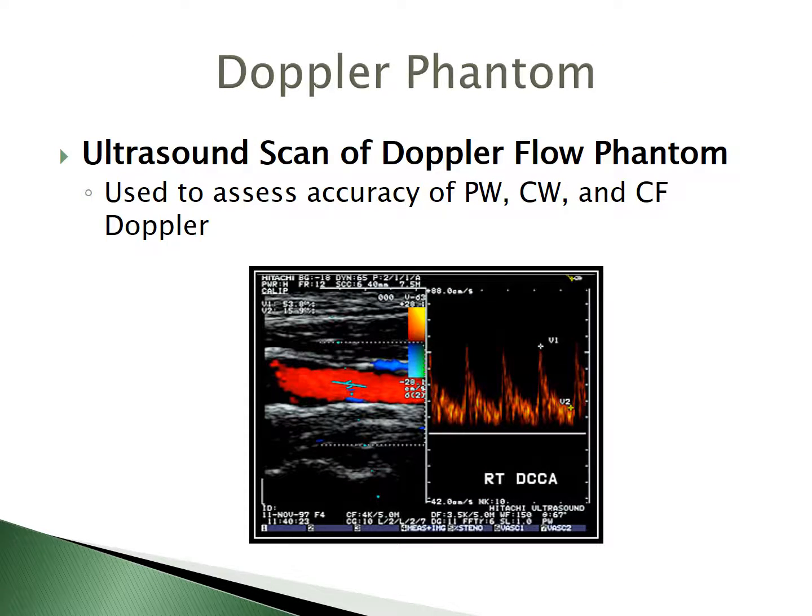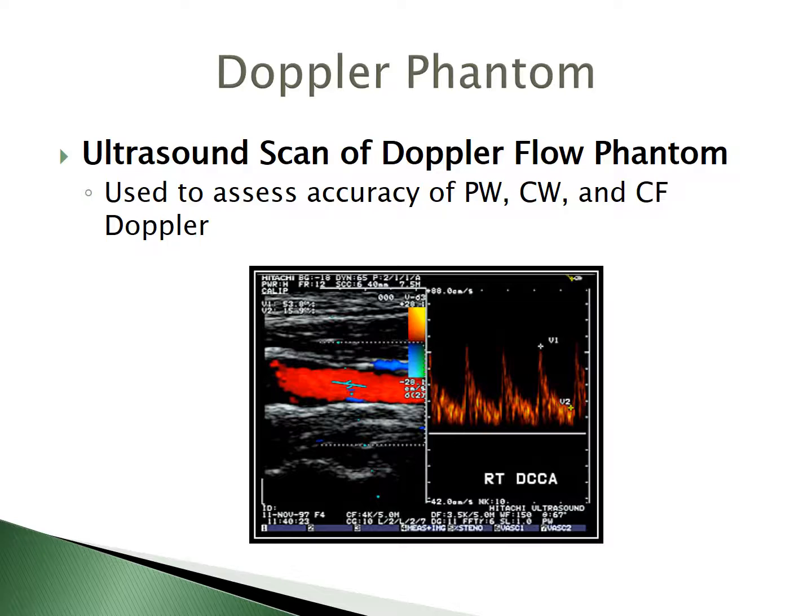Moving belt Doppler phantoms are going to work in a similar function in that there's just something moving within the vessels to record that Doppler function. And then the Doppler flow phantoms are actually going to have simulated vessels again with a fluid that moves through the simulated vessels by a pump that is able to be set so we know that we're getting consistent movement through our vessel, and then we can use our Doppler functions to test it.